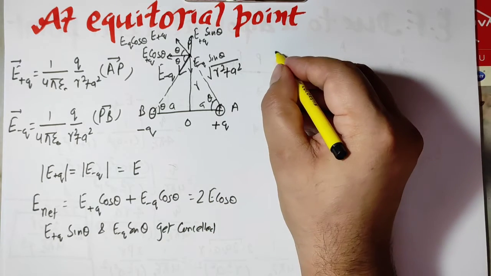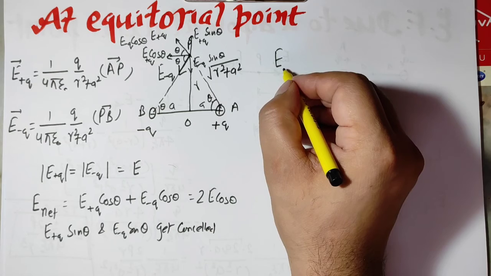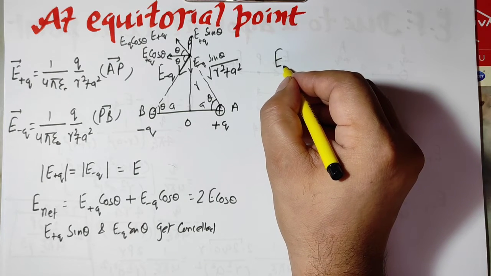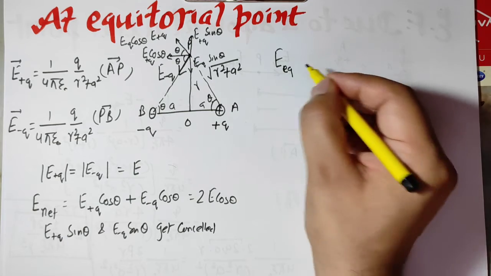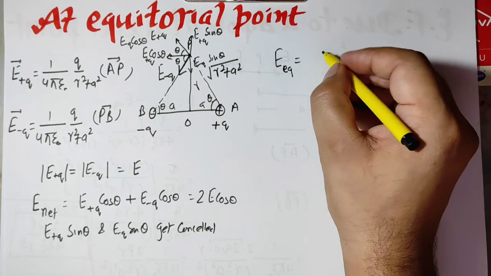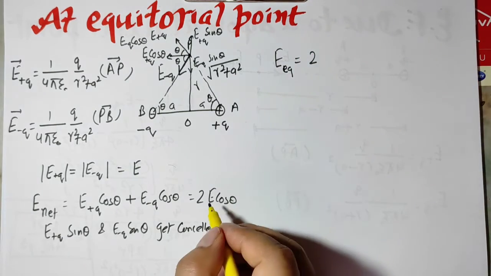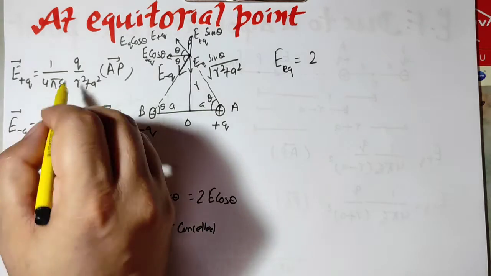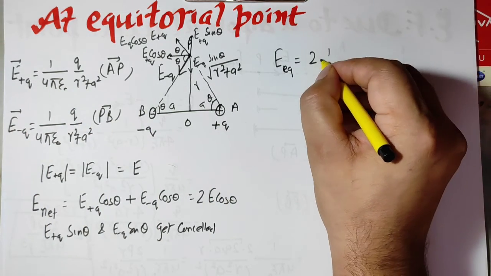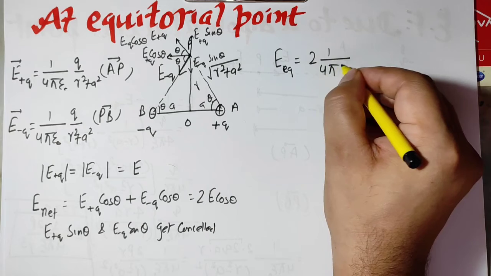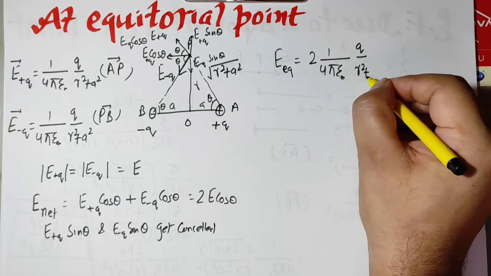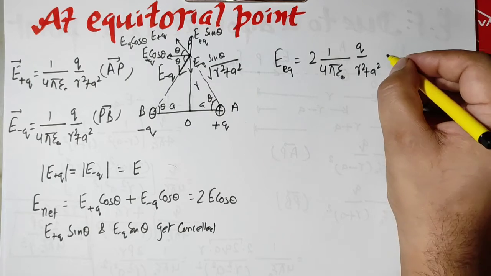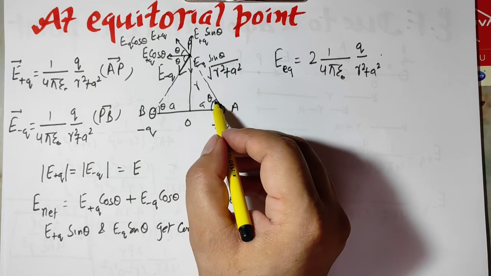And now total electric field, you can just write here, equatorial position. It is 2, and in place of E, we can write either of the values. Both are the same. And now cos theta, from here, is what?